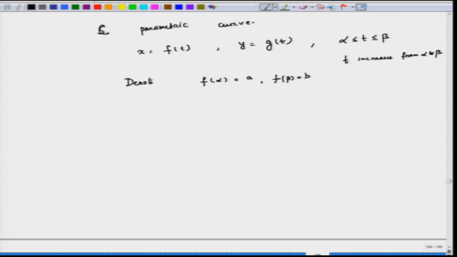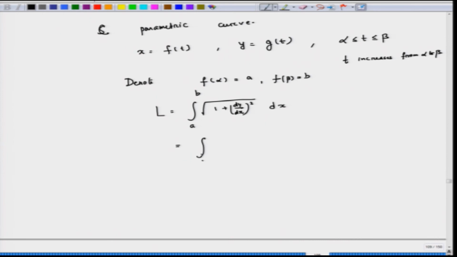Therefore, in this case, what is your L, what we want to write? We are trying to write the integral from a to b of square root of 1 plus dy by dx whole square, dx.